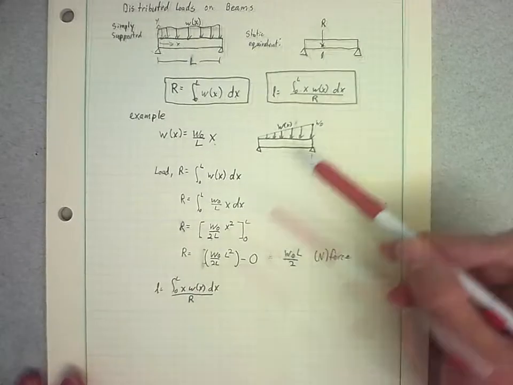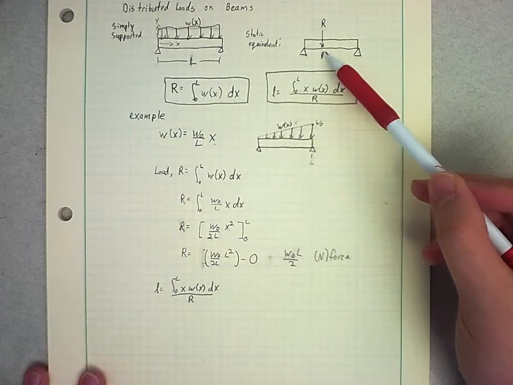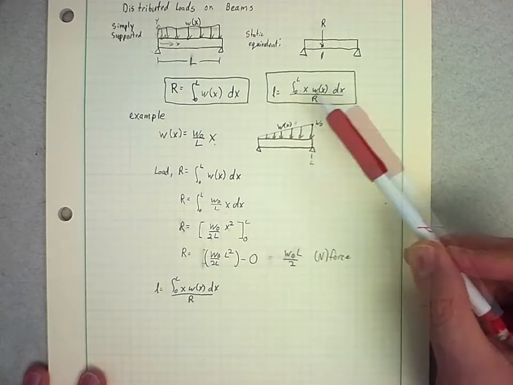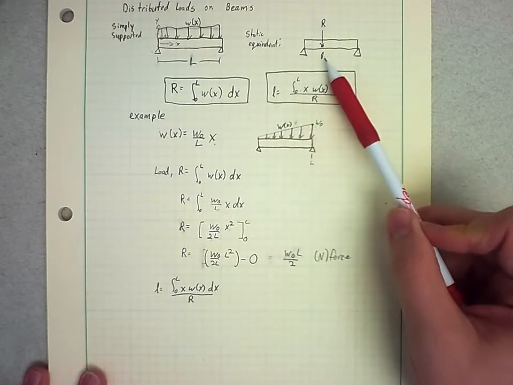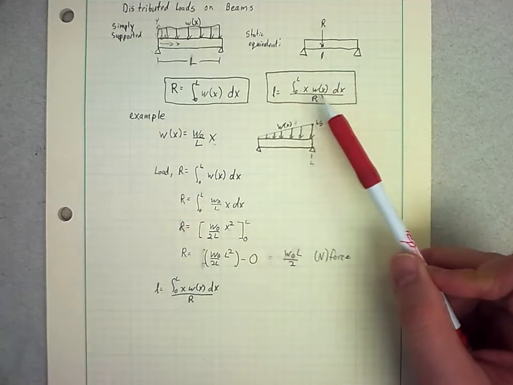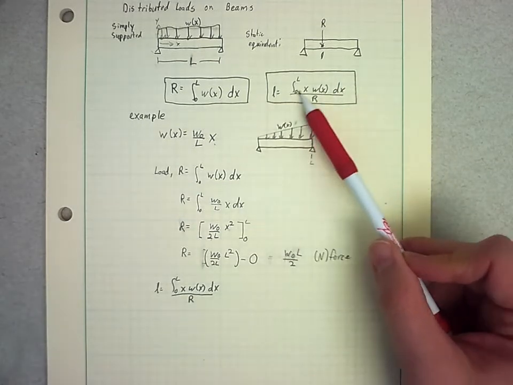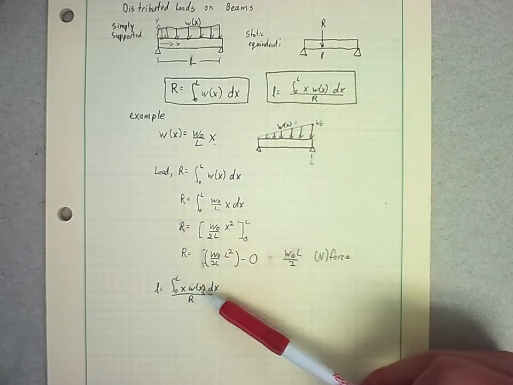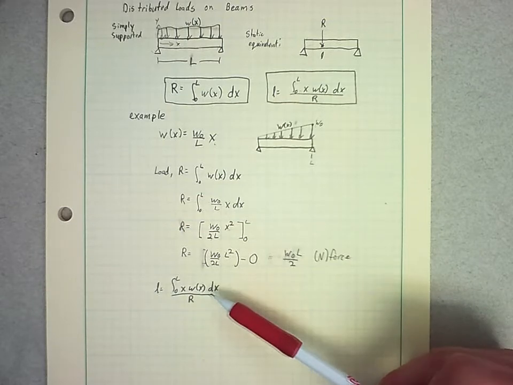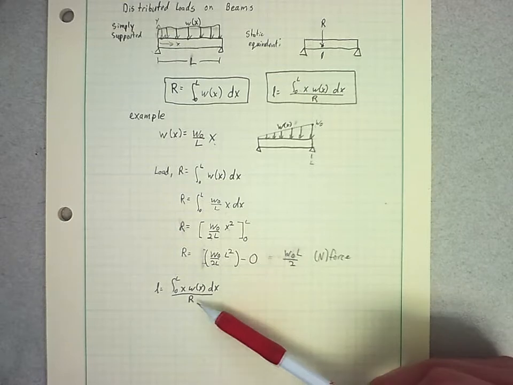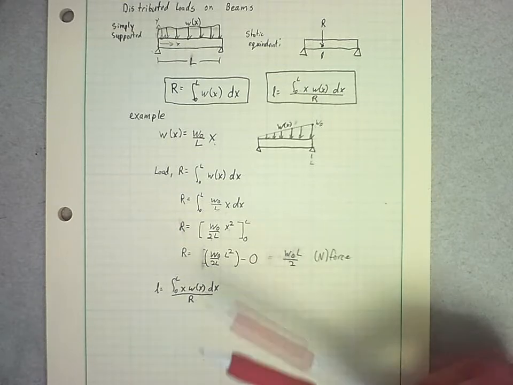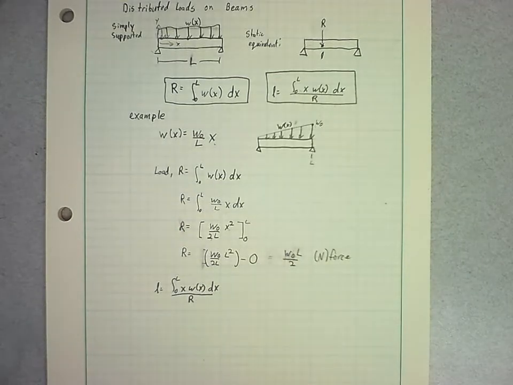Our next part is we have to figure out where that force is being applied. We can use this function, which says the equivalent location is the integral from 0 to L of x times our weight force, integrated over x, divided by our total load. So again, we'll plug in the values from our example.